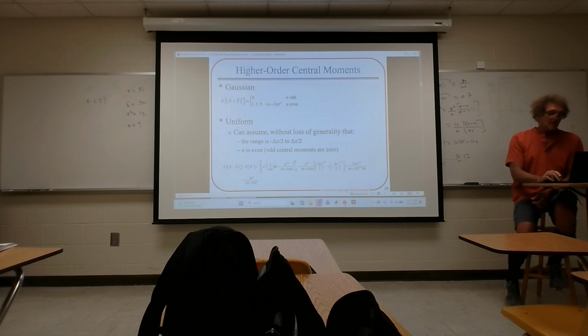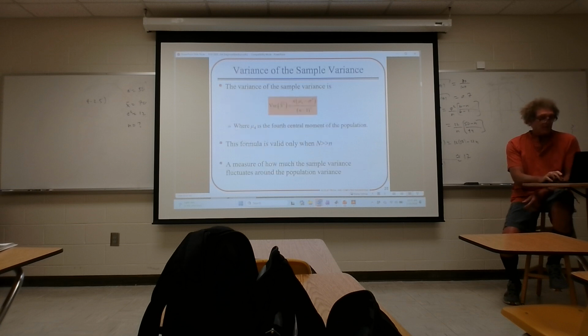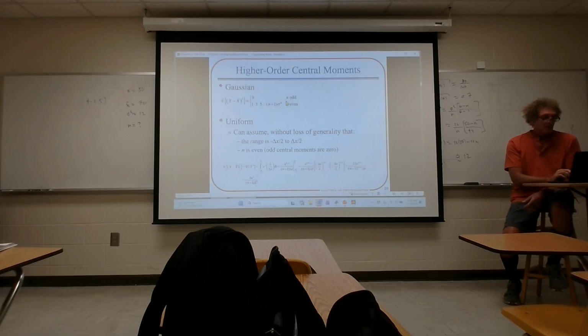So for higher order central moments, if they're Gaussian, it's great. Let me go back here. See this? This is always the fourth central moment they need. Well, the fourth central moment would be 1 times 3 times sigma to the fourth. You follow me on this class? You almost want to commit that to memory.